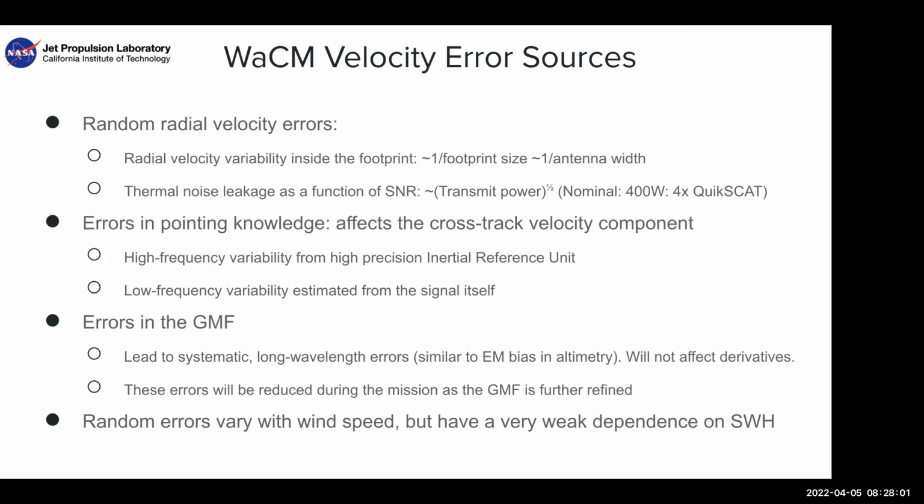And we expect that these systematic errors will be improved as the mission continues, the same way that the EM bias has been improved in altimetry as the mission continues. Strangely enough, compared to altimetry, the errors depend mostly on the wind speed, but have very weak dependence on the significant wave height.